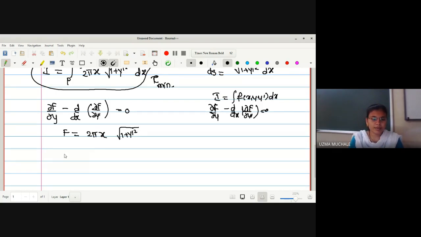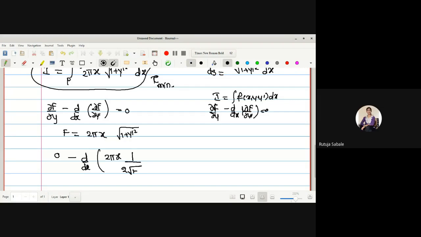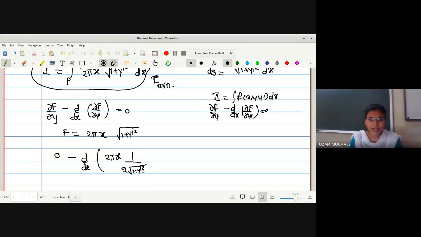So the derivative of f with respect to y is 0. f with respect to y, obviously it is 0, there is no term of y. Minus d/dx of f with respect to y'. At that time, 2πx will be treated as a constant. So the derivative with respect to y' will be 1 upon 2√(1+y'²) into 2y', the derivative of 1+y'² being 2y', which is equal to 0.